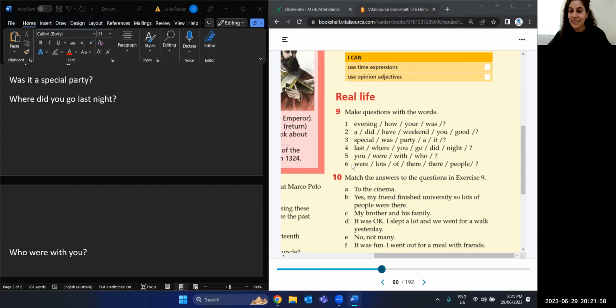And number 6, Solange, can you make this one a sentence? Number 6. So make this a sentence. Change the order of the words.